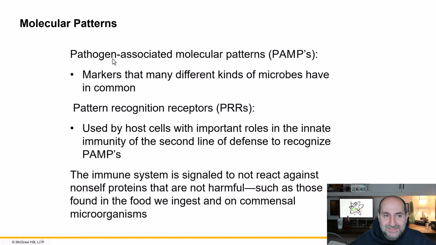Remember that these antigens are commonly found on organisms, and the most common of these antigens are called pathogen-associated molecular patterns, or PAMPs, and these are recognized by receptors called pattern recognition receptors on your white blood cells.